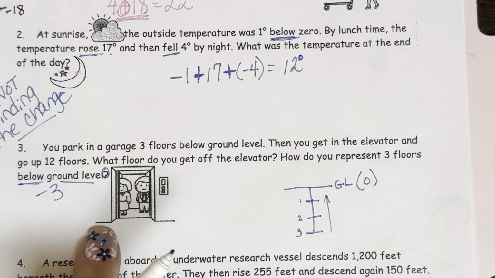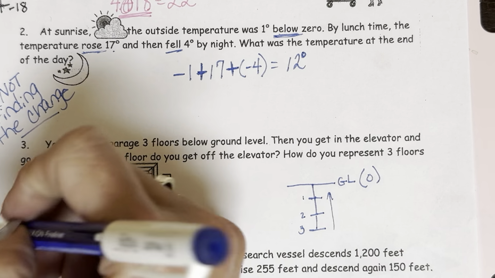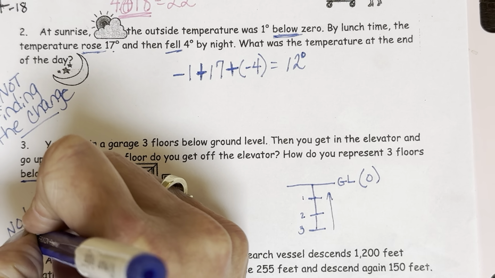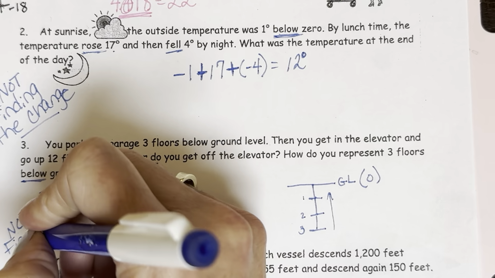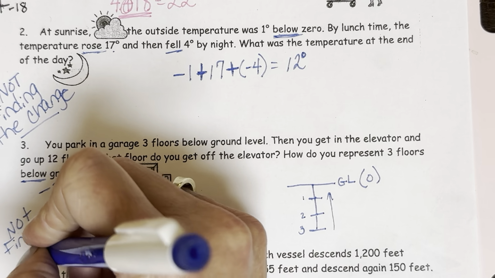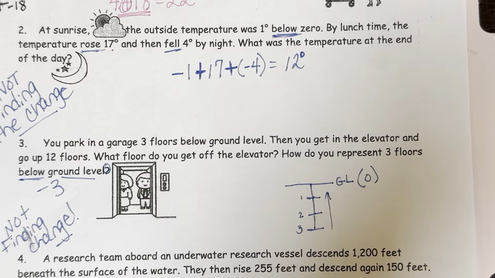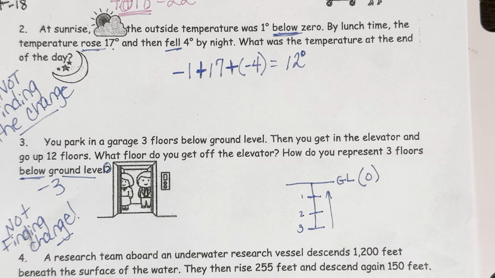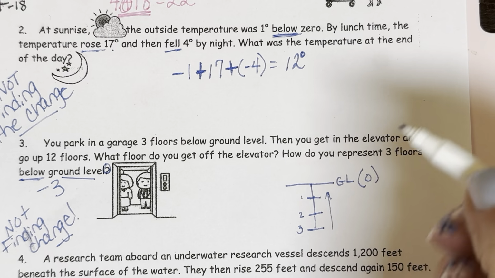Again, this problem is not asking you for the change. We are not finding the change. We are just looking at the movement on a number line. So we're going to go up 12 floors.